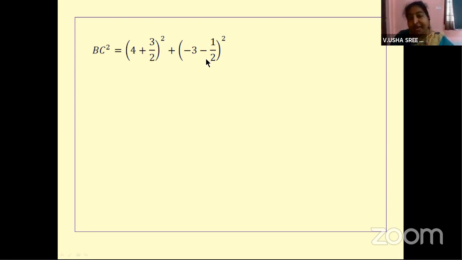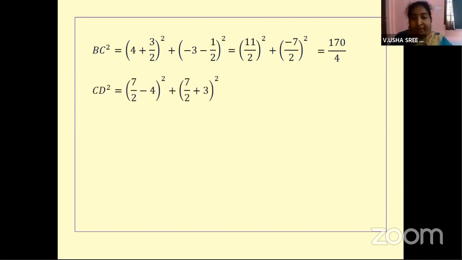And in this bracket, it is (-6 - 1)/2, that is (-7/2) whole square. 11 whole square is 121. 121/4 plus 49/4, 121 plus 49, which is nothing but 170/4.